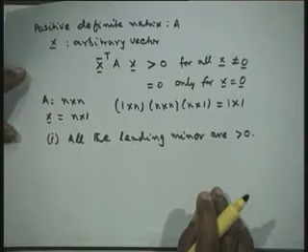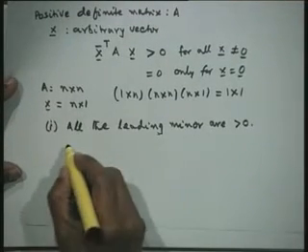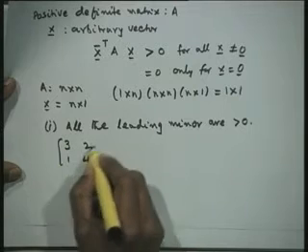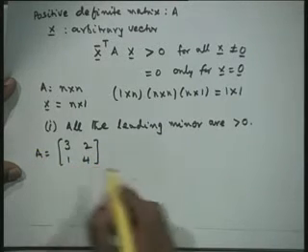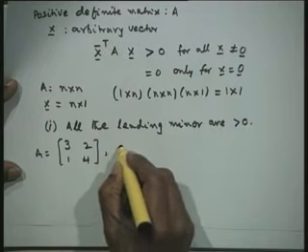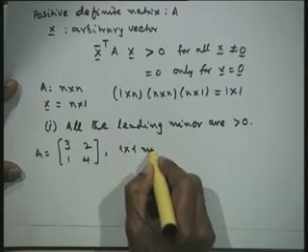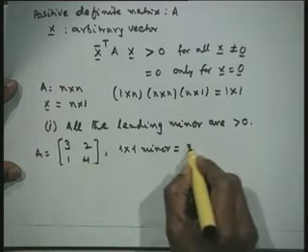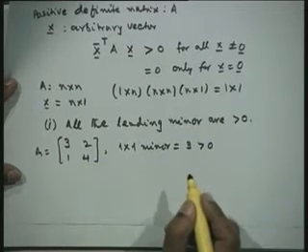This is a simple test which we can make. Let us take a very simple example. Let me take this matrix as A. First of all I consider the 1 into 1 leading minor, which is 3, greater than 0.